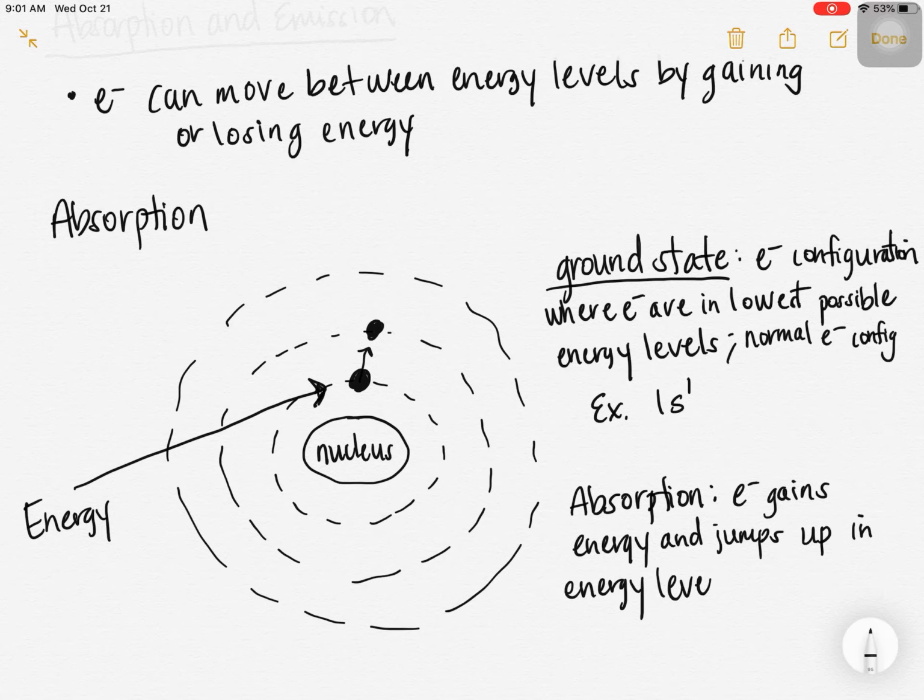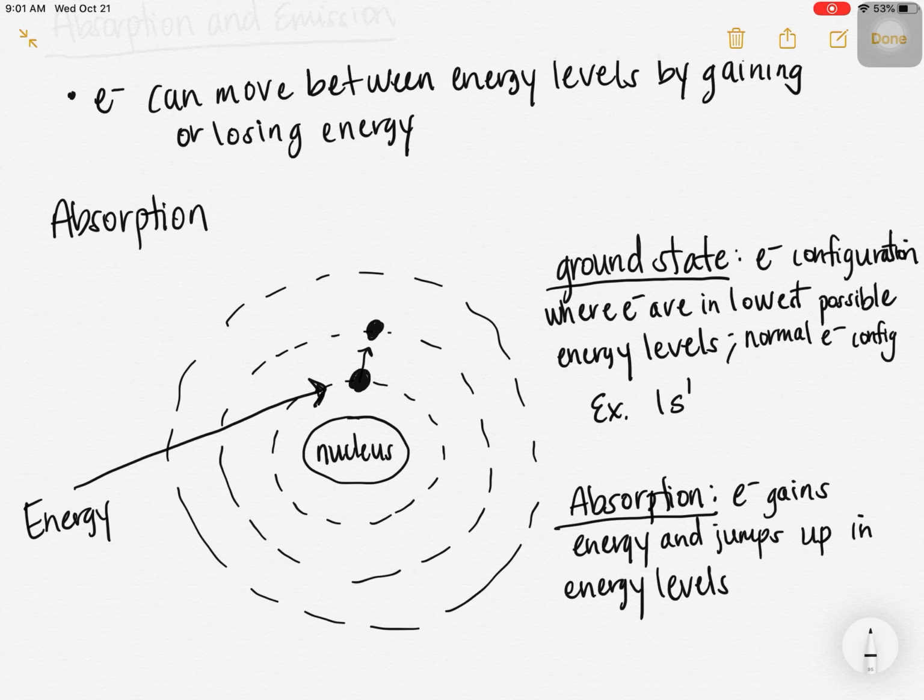Now in this case, I only had it jump one level, but it's totally possible that given more energy, that electron would jump from level 1 to level 3 per se. Okay, it would require more energy.